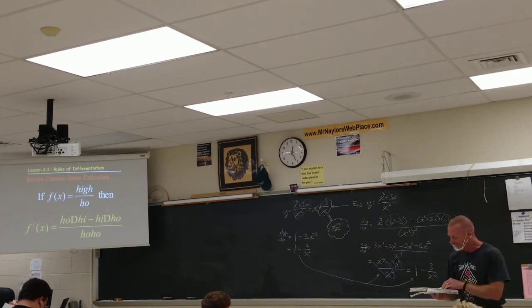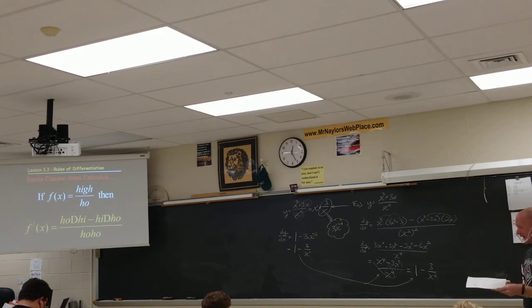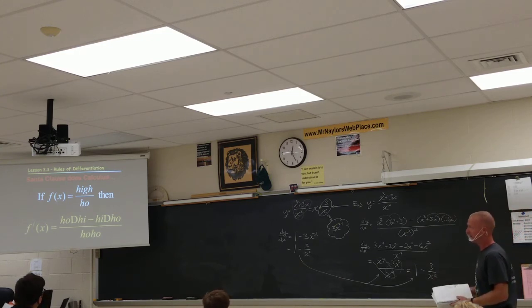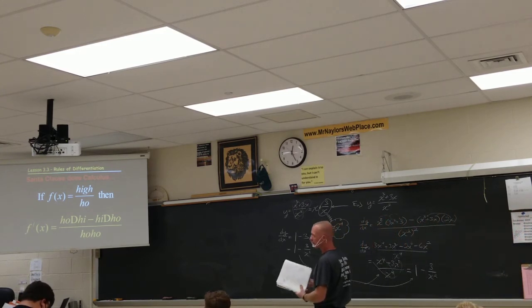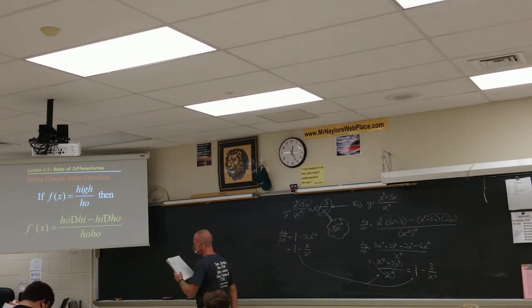So whether you want to think of it as ho d hi minus hi d ho over ho ho, or think of it the other way, it doesn't really matter. It's the same quotient rule.